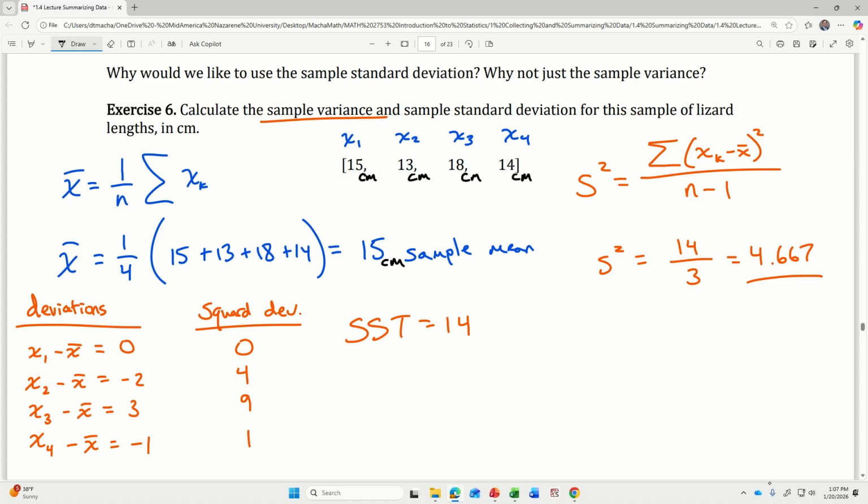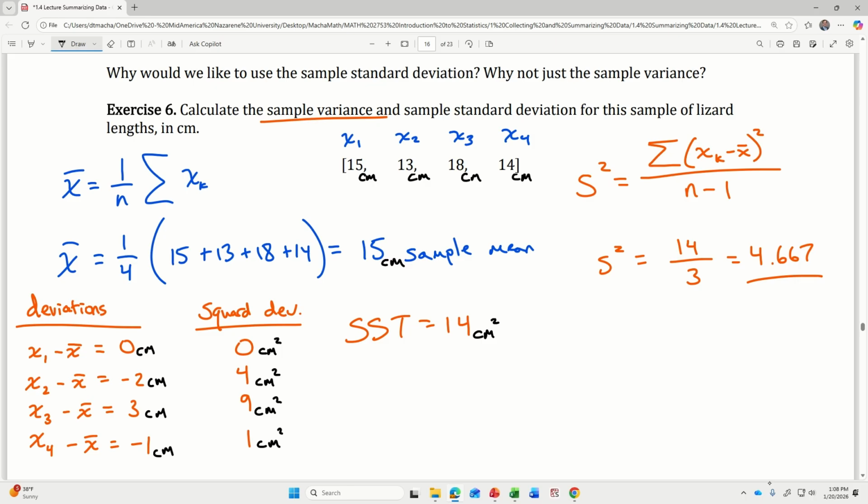The deviations are measured in centimeters, because I'm subtracting one centimeter measurement from another. The squared deviations would then be centimeters squared. That's no longer a measure of length, but a measure of area. Kind of weird. Then when I add those together, I'm still talking about centimeters squared. Adding up a bunch of areas would give me an area.